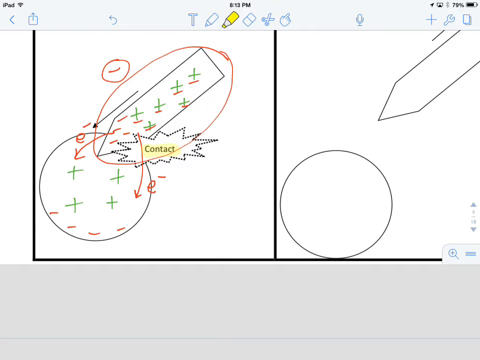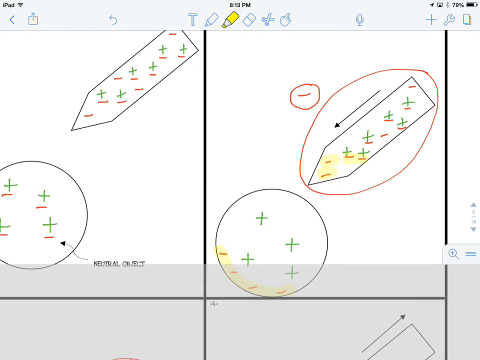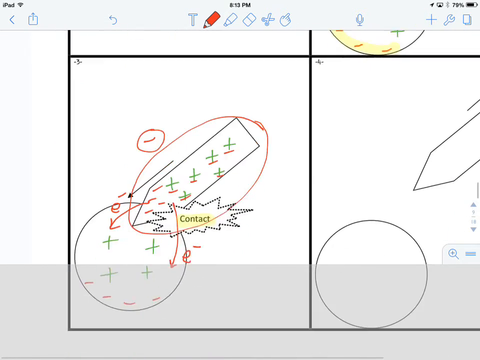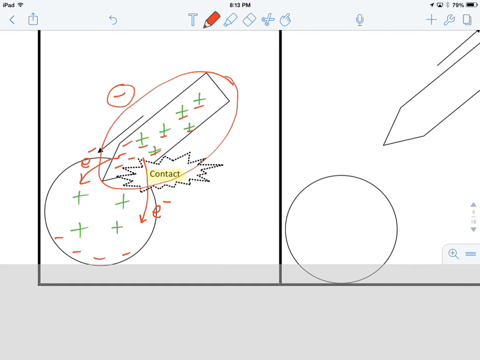So you got to think about it like this. At first, we had all the negatives, and they're all crammed into this ebonite rod, and they weren't happy because electrons repel each other. And so when we give them an opportunity to spread themselves out, yes, we're still going to have an overall negative charge, but they will be more spread out.